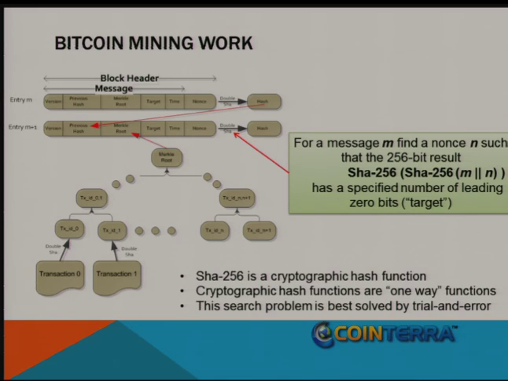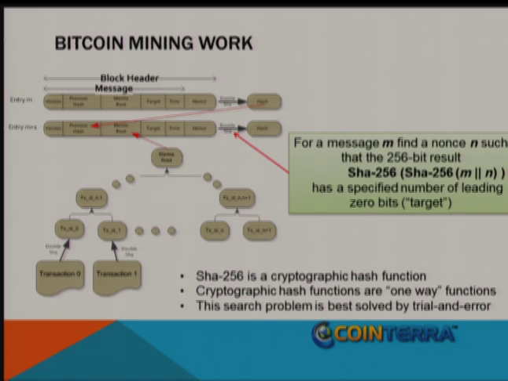SHA-256 is a cryptographic hash function, and like any other cryptographic function, it's a one-way function, meaning that knowing the result, you cannot back-predict what the input was. So like any other one-way function, SHA-256 is best solved using sheer brute force, meaning you have to do an exhaustive trial and error search of a very large solution space.